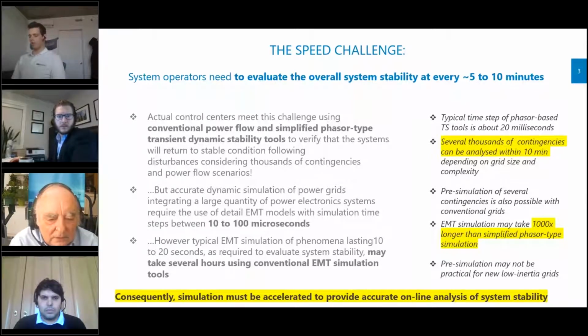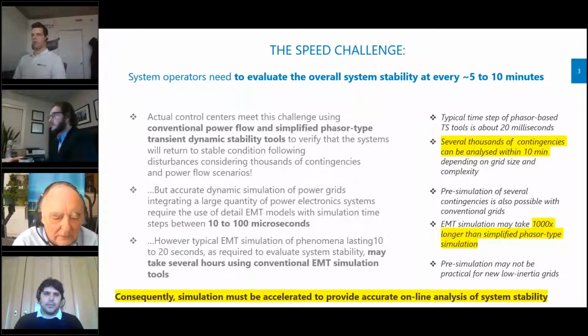So if it takes 2 or 3 hours to simulate a condition, this is not practical for making a lot of tests and helping the operator. With a conventional EMT simulation tool, it will take you several hours to do maybe a 10 to 20 second run.